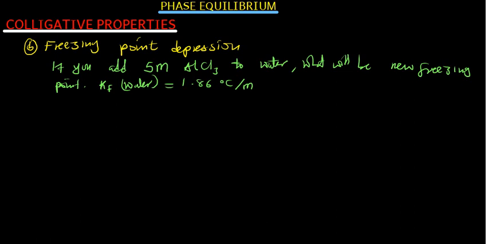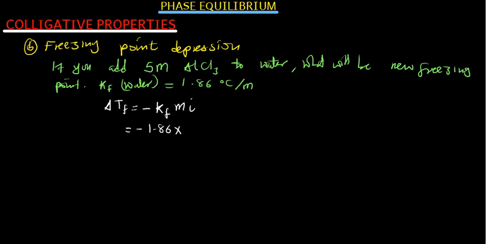We know already that the change in freezing point is equal to negative molal freezing point depression constant times molality times the Van 't Hoff constant. So the change in freezing point is going to be equal to negative Kf, that is 1.86. We put the negative because this is depression. It always reduces, so the negative means a reduction.